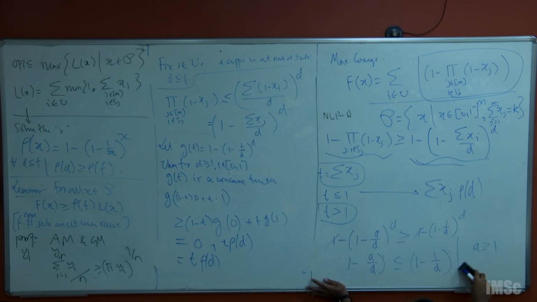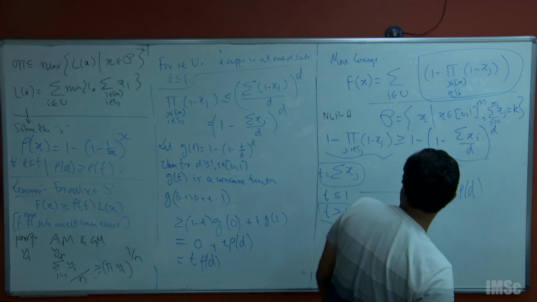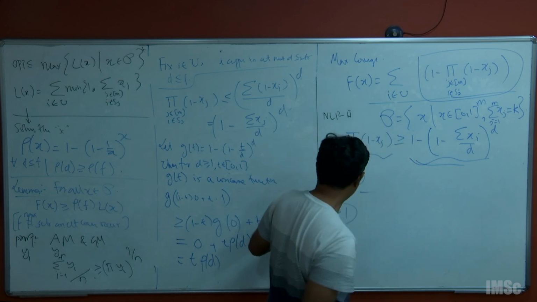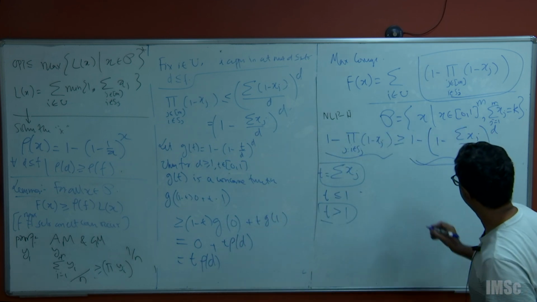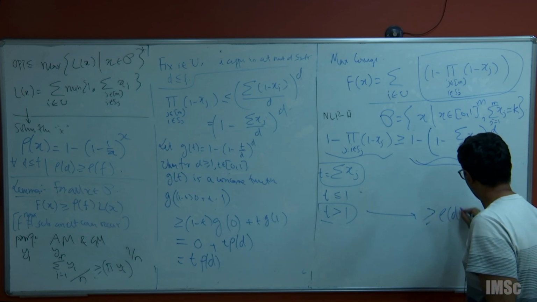So you are right. If t is greater than or equal to 1, we have two cases. t is summation xj, and t is greater than or equal to 1. If t is greater than or equal to 1, then this is greater than or equal to rho d.